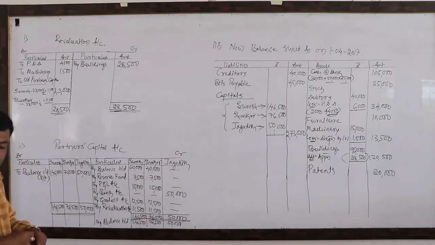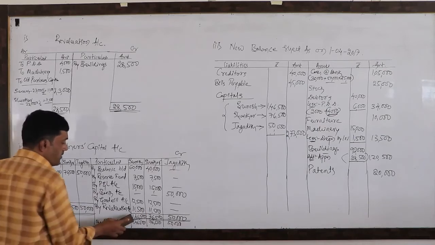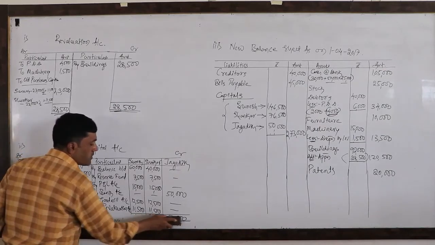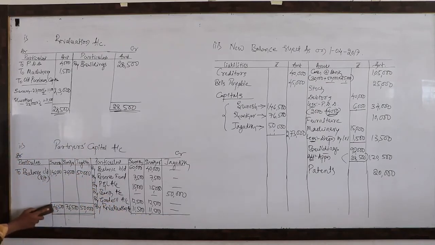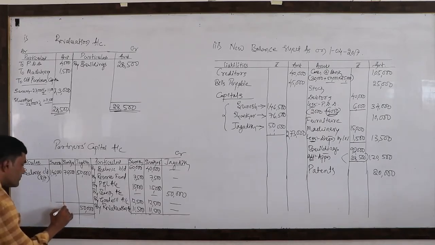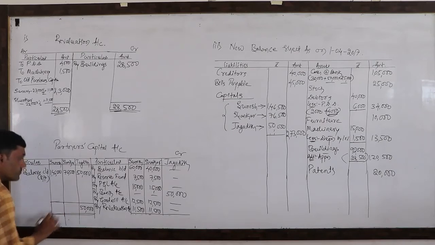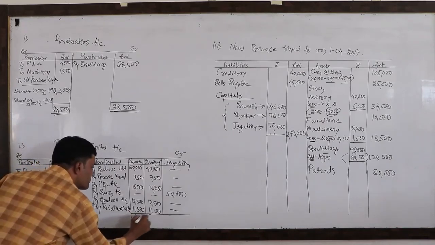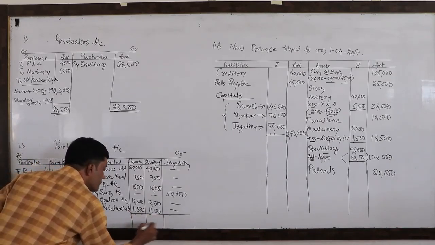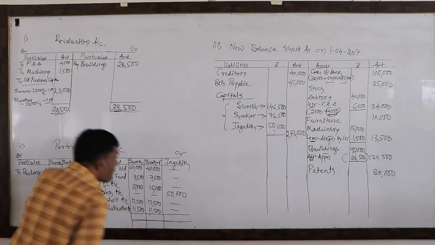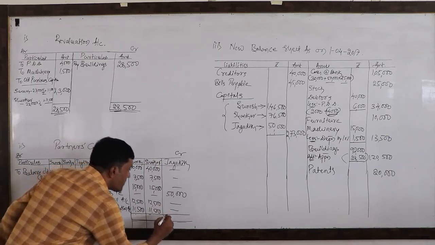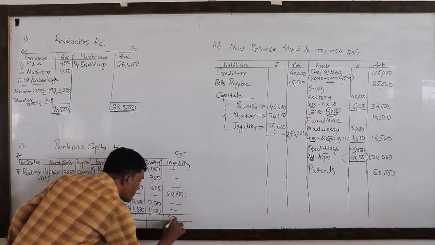With this we can get the total. The total capital of Jagdish is 50,000. It is already correct.